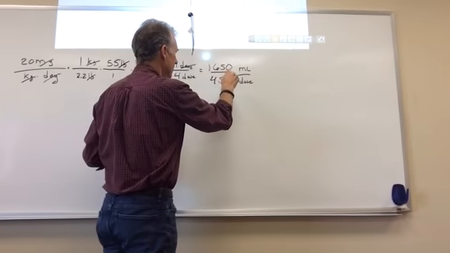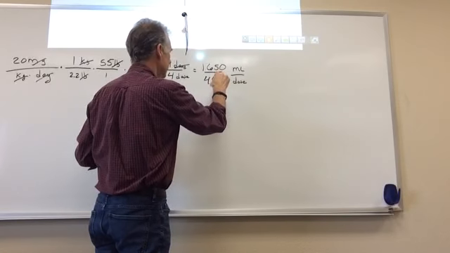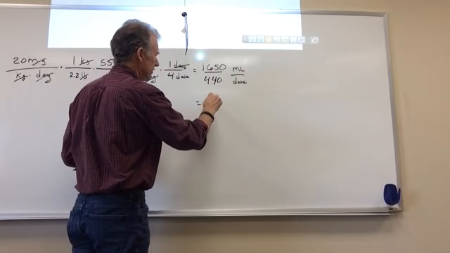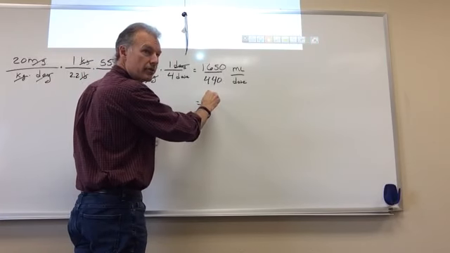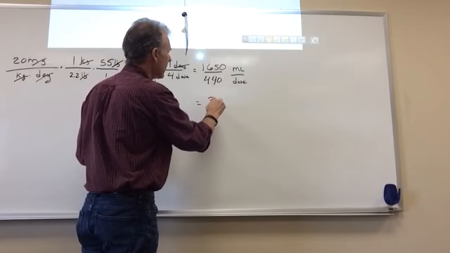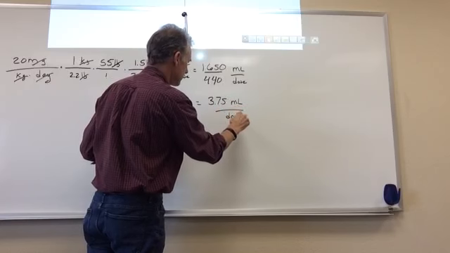Thank you. 40 you said, right? Okay. Is it just under 4 or just over 4? 3.75. Okay. Milliliters per dose.